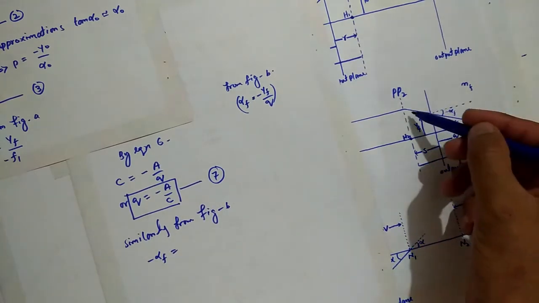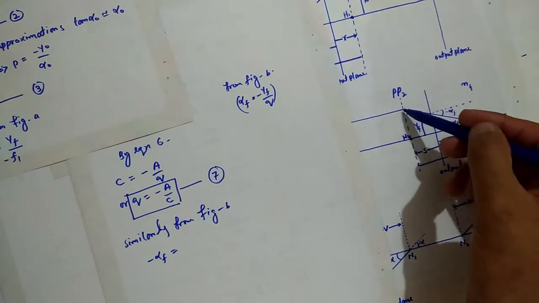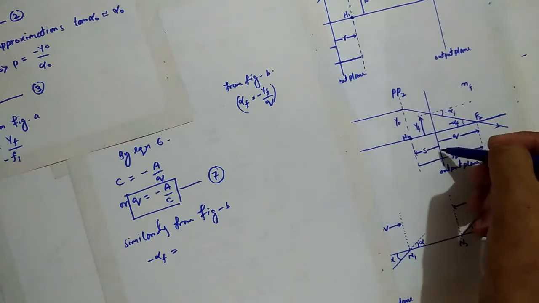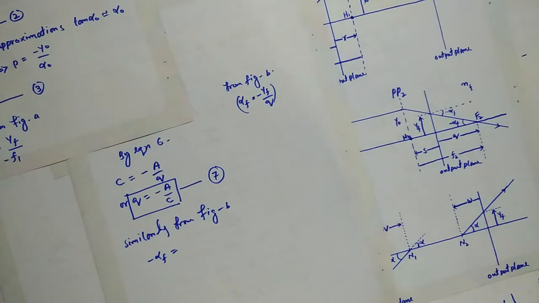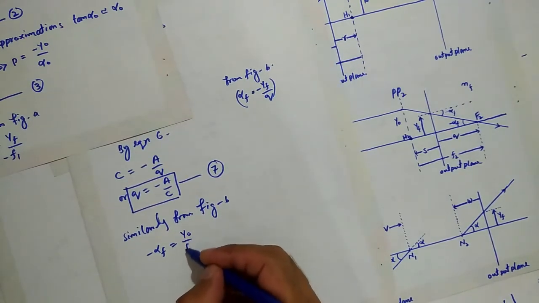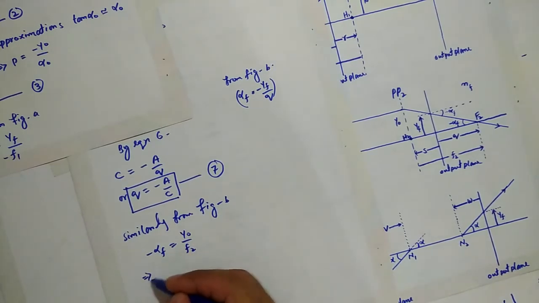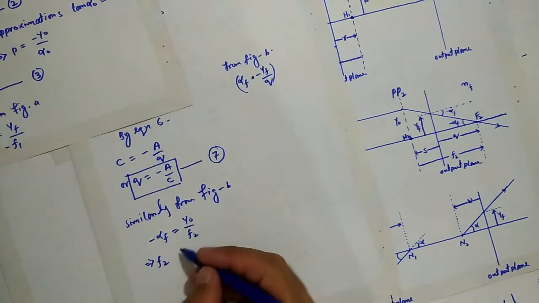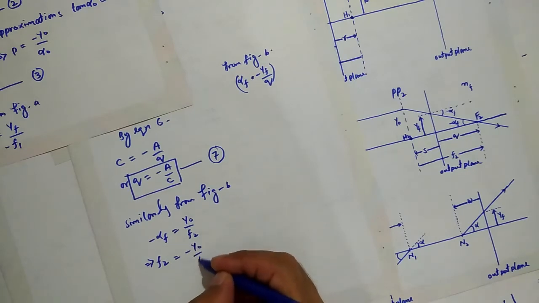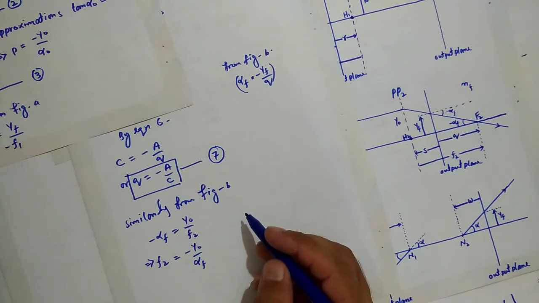This is equal to the ratio of these two: y naught, this distance from here to here, divided by f2. Clear? So f2 will be equal to minus y naught divided by alpha f.